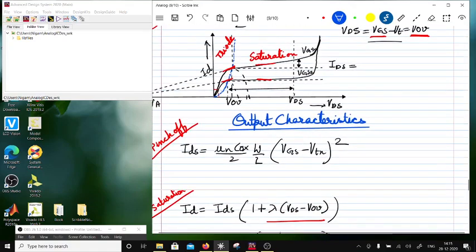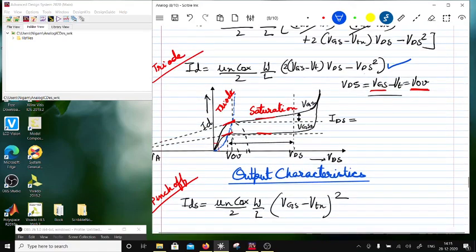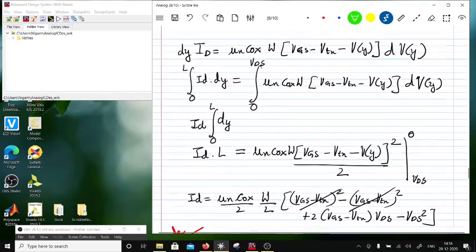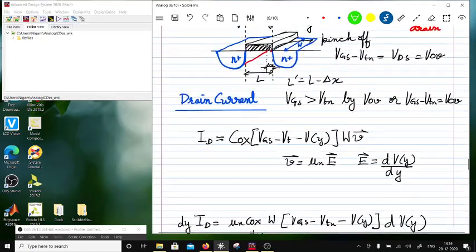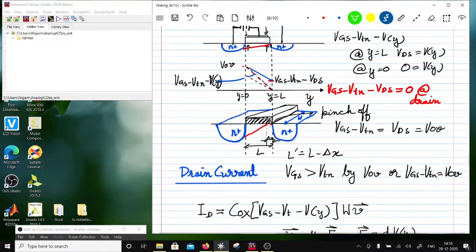You get the slope as the output resistance, inverse of the slope. And then one more thing is there, what is happening in this region? So if I was to take this region, why is the current picking up? The current is picking up because of the drain to source voltage and the drain bulk junction breaks down.